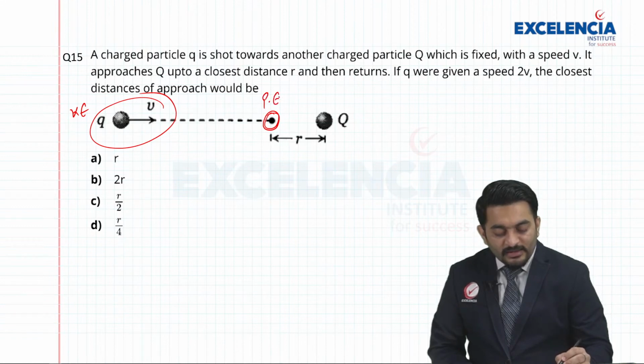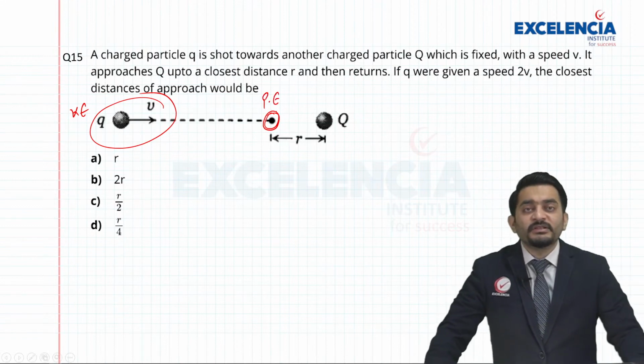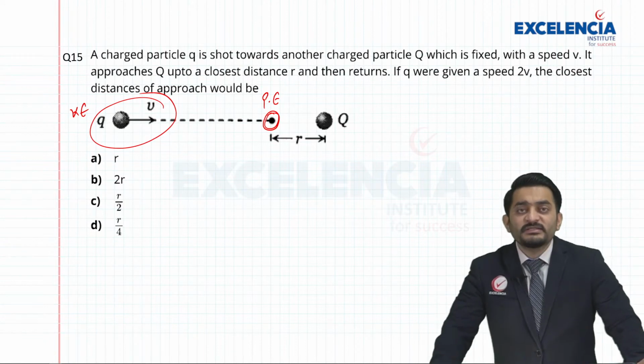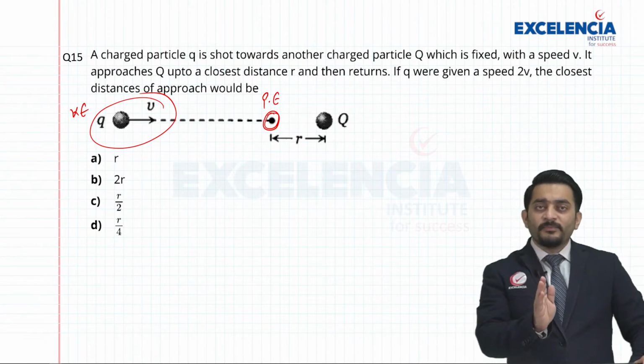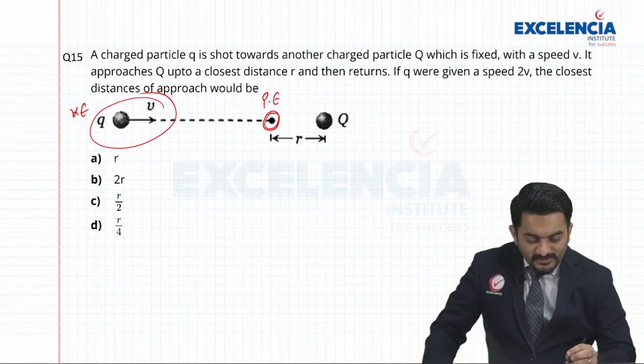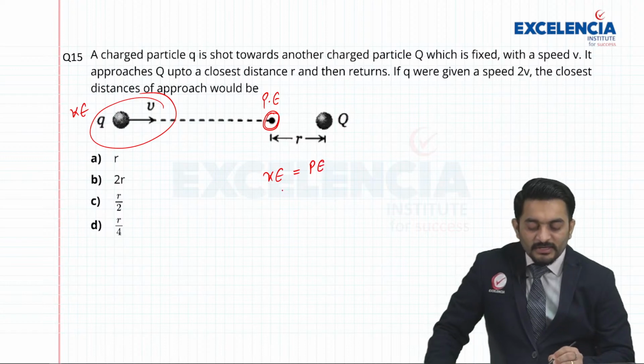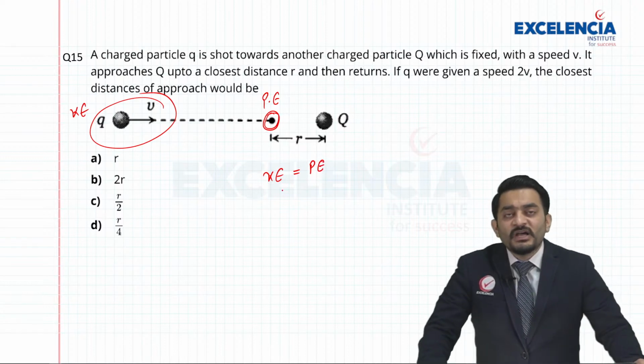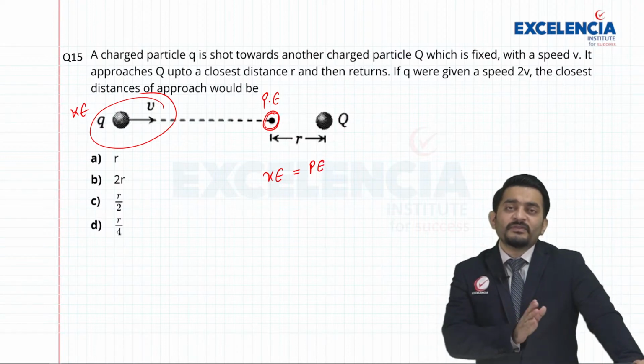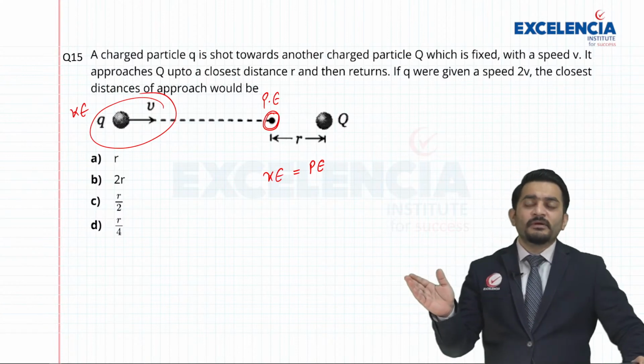The entire kinetic energy has been converted into potential energy, and that is the reason it is going to stop at that particular point. So my kinetic energy is completely converted into potential energy, where the charge stops for a moment and then starts moving in the reverse direction.